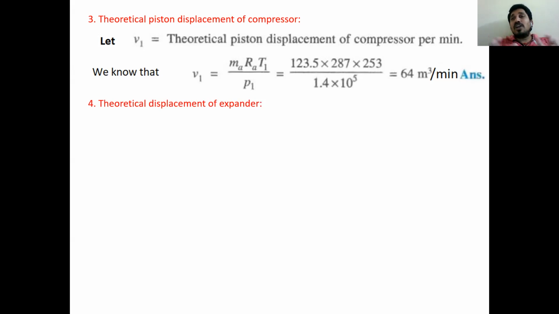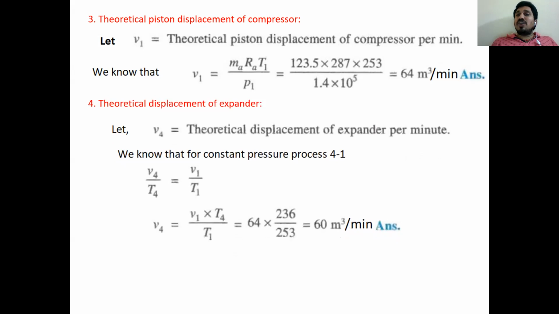After expansion, we reach the maximum value of volume. That is nothing but section 4. At section 3, we see minimum. After expansion, you will have maximum volume, that is the theoretical volume V4. So he is asking V4 in the problem. V4 is the theoretical displacement of the expander per minute, nothing but theoretical volume per minute.